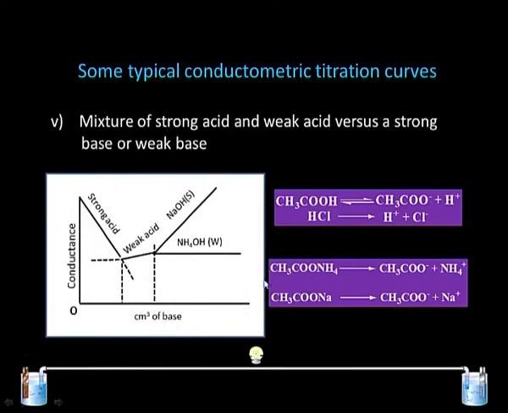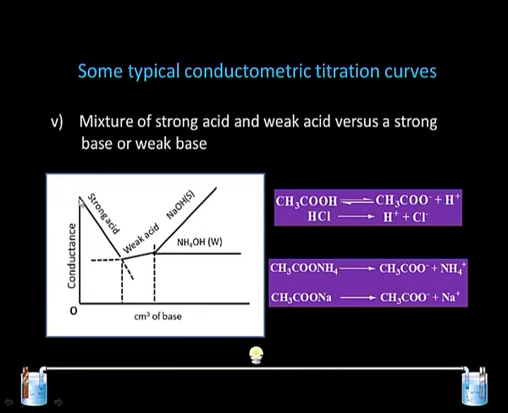This conductivity titration method can be used further when we have a mixture of two things, two acids like a strong acid and a weak acid, like HCl and acetic acid. If we want to carry out such a titration, we have to have a mixture of these. Any known mixture can be determined using this method.